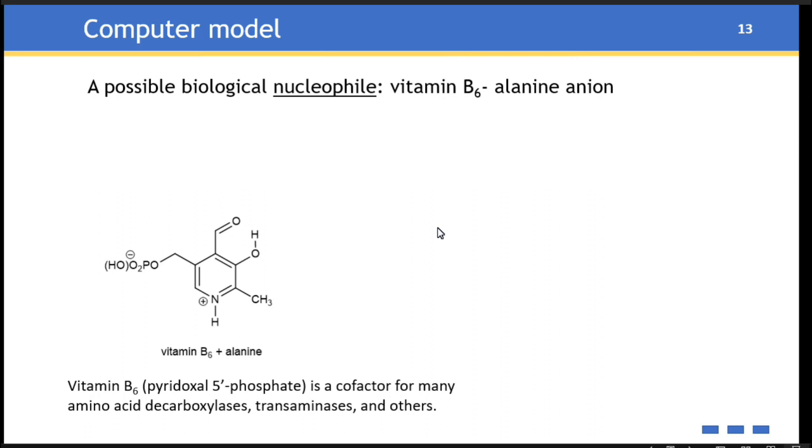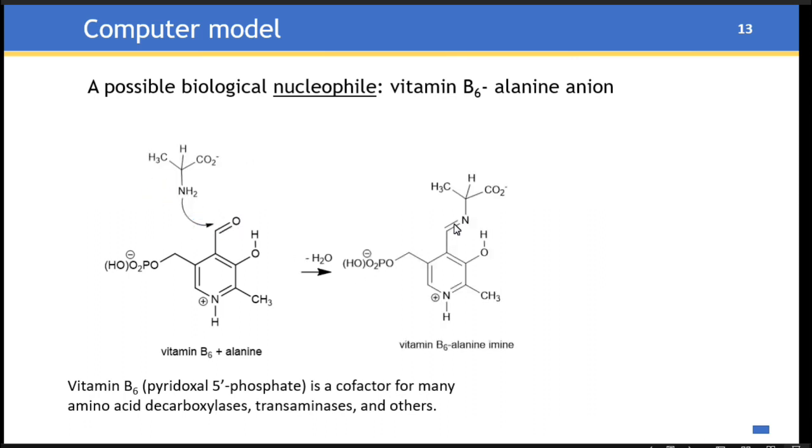Thinking about this type of reaction as an enzymologist, what kind of nucleophile would one see in an enzyme? The all-time favorite is a vitamin B6 cofactor attached to various decarboxylases, transaminases, and others: pyridoxal 5'-phosphate. The main feature is a reactive aldehyde group that reacts with amino acids, adding on to form an imine bond after a dehydration reaction.